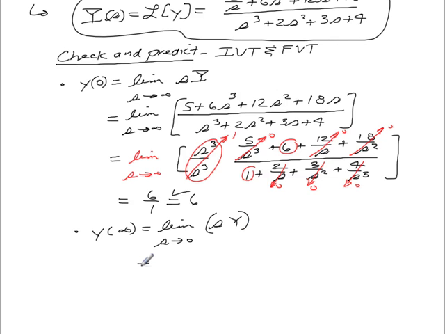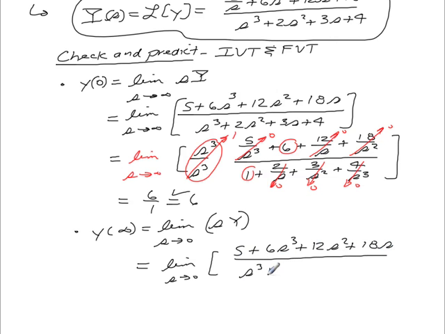So if I take the result up there, that's going to be the limit of s going to 0 of 5 plus 6s cubed plus 12s squared plus 18s, divided by s cubed plus 2s squared plus 3s plus 4, and letting s go to 0 loses that, loses that, loses that, that, and that.